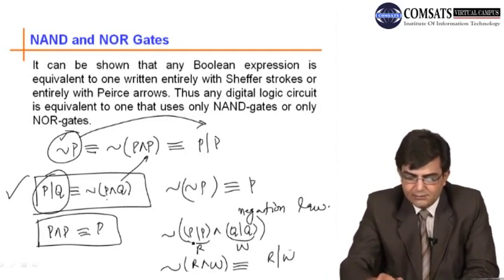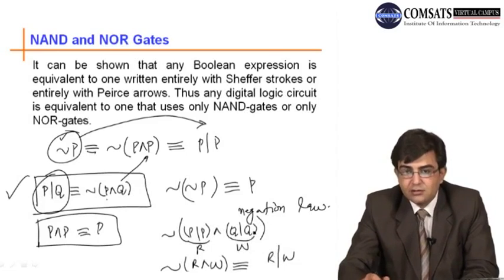R is basically P Sheffer-Stroke P, and W is Q Sheffer-Stroke Q.